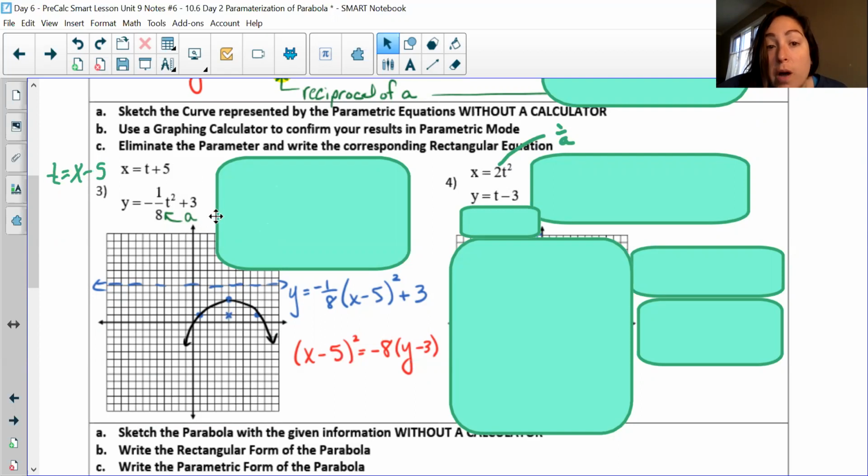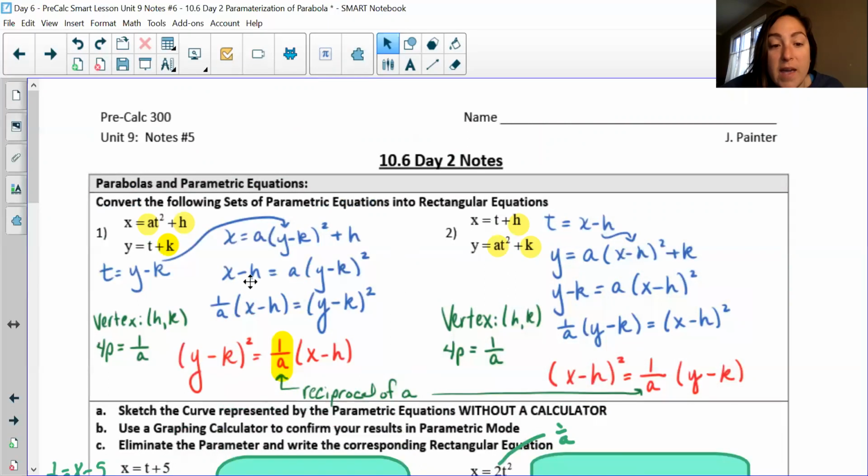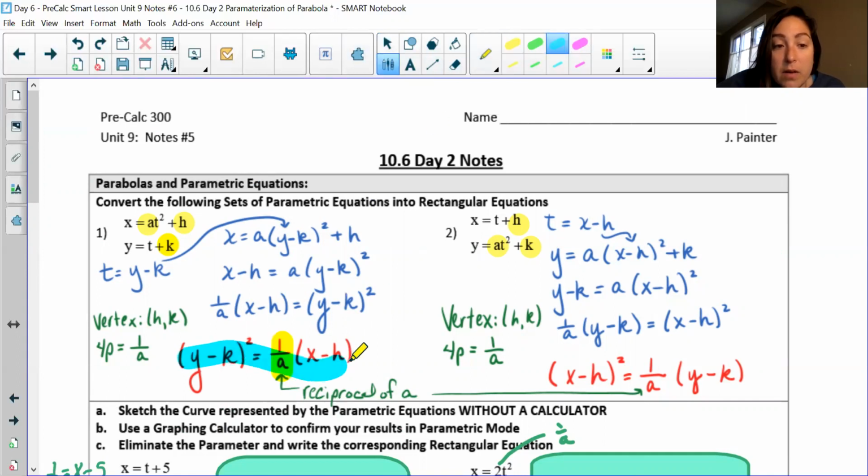And a pattern I should have pointed out from above: when we have a horizontal parabola like we have here, our x has the t squared, and when we have a vertical parabola like we have here, our y has the t squared. So it's always that inverse relationship because of how we're solving from one equation to another.